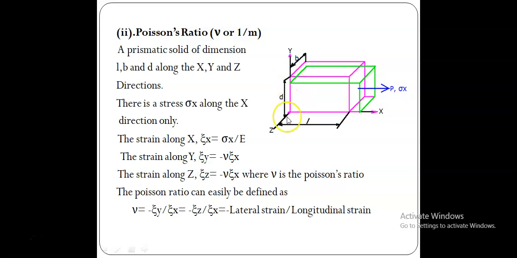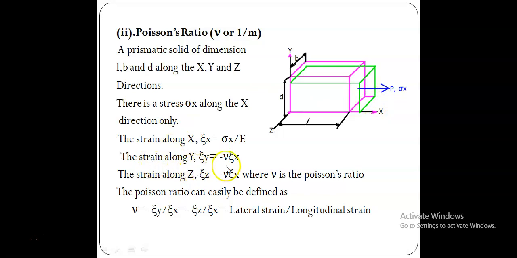You see that the depth d decreases, and simultaneously the breadth also decreases. So these two shortenings of length occur due to the tension force acting along the x direction. Because of the linear strain, the lateral dimension decreases, so laterally it is strained.